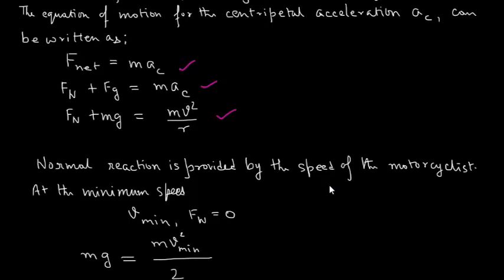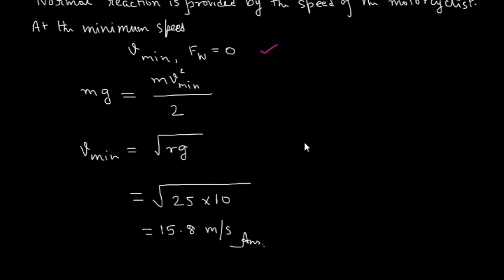At the minimum speed v_min, F_N = 0, that is mg = m v_min²/r. Therefore, v_min = √(rg) = √(25 × 10) = 15.8 meter per second.